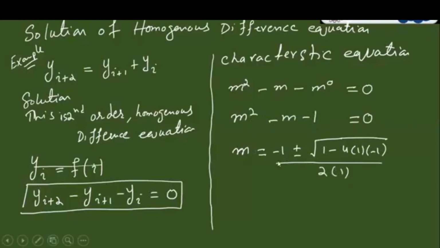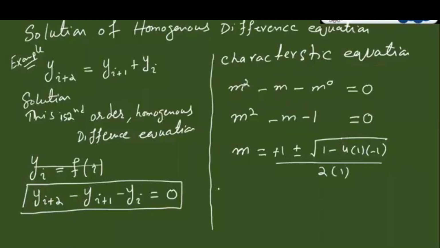This is the a coefficient, this is b, and minus b into minus 1 should be positive. So I made a mistake there. Minus b plus minus square root of b squared minus 4ac, upon 2a.